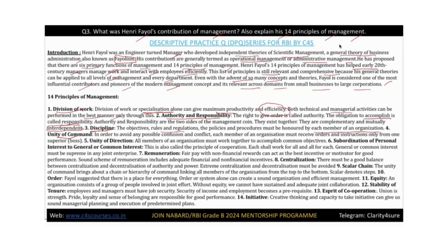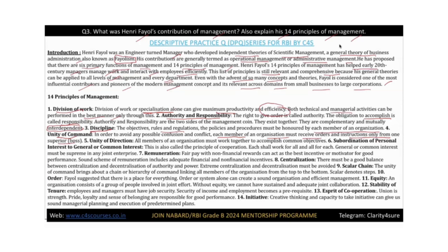It is better that the commands come from a single boss, so that it is helpful for the employees to perform accordingly and give their best work to the organization. So it has been stated that each member of an organization must receive orders and instructions only from one superior.